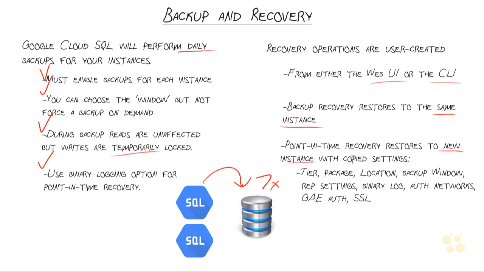So point-in-time recoveries come up to a new cloned instance, and it copies these settings here: the tier, the package, the location, the backup window, the replication settings, binary logging, authenticated networks, Google App Engine authentications, and SSL settings. So recoveries from a normal backup come right back to the original instance, but recoveries from a point-in-time backup come to a copy of your Cloud SQL instance.